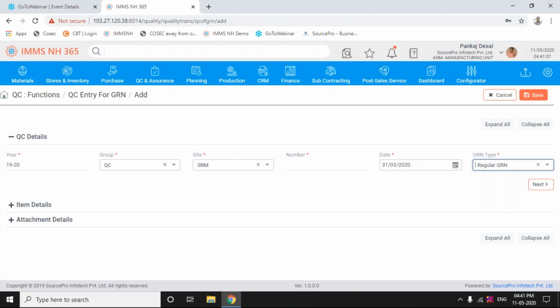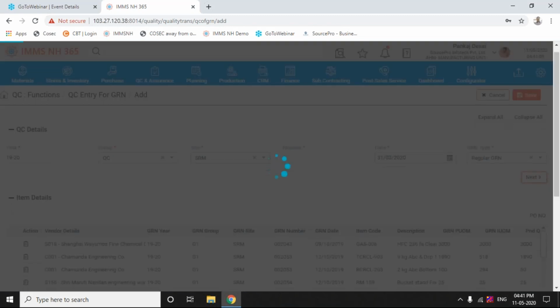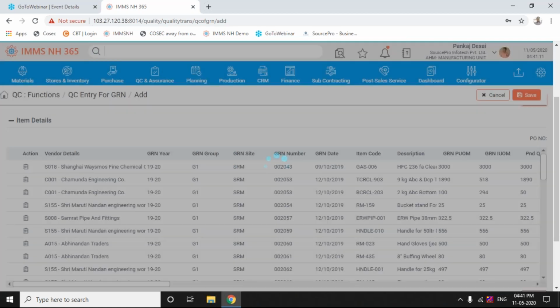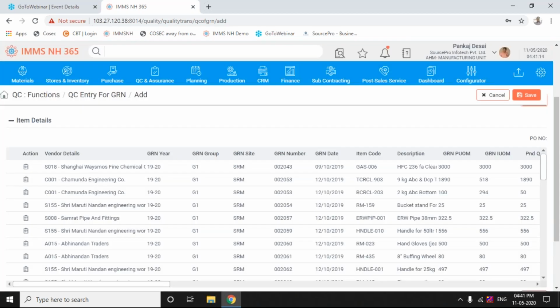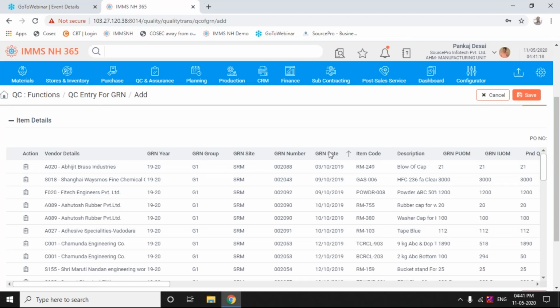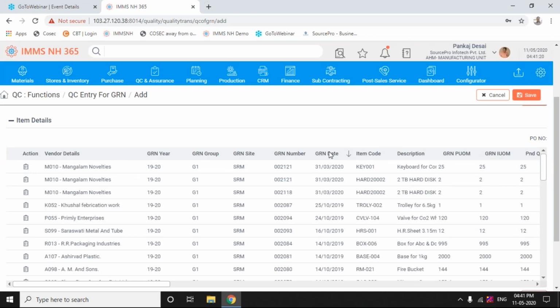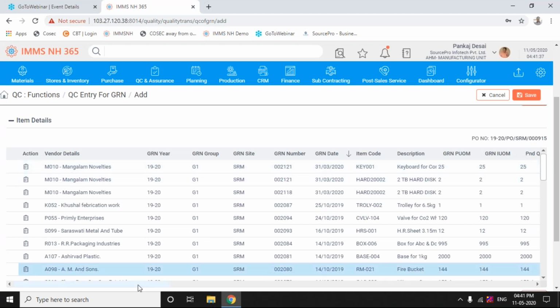When the regular GRN was done, incoming material was there and it was authorized. So the stores activity is over and the material is now offered to the quality department for further action. In the material receipt, the system shows you the list of items for each GRN. Sunil will select one of the GRNs for you and then it will show you the pending items for QC.